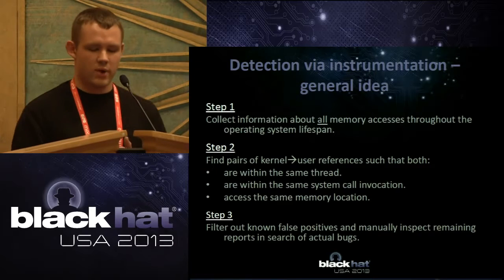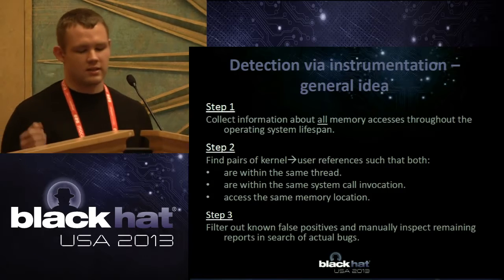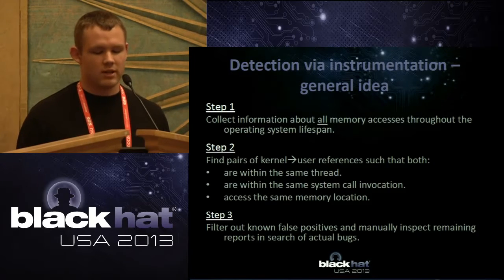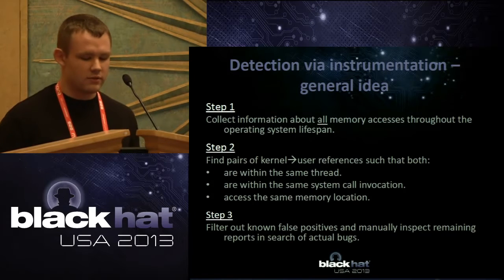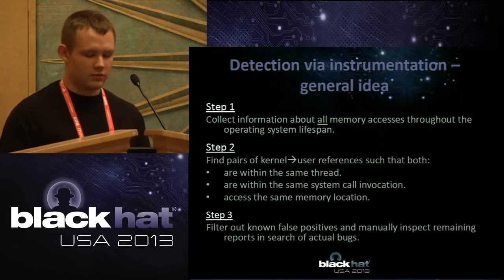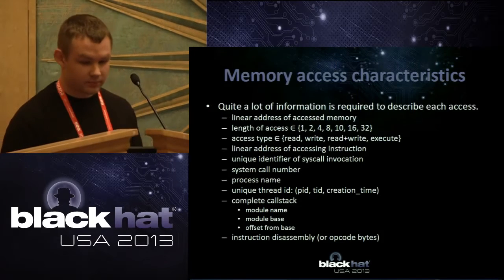They are within the same thread, they are within the same system call invocation, and they access obviously the same memory location. After we have all of these pairs, we filter out all of the known false positives, and there are usually lots of them, and then manually look into all of the reports that we got and find the actual bugs.